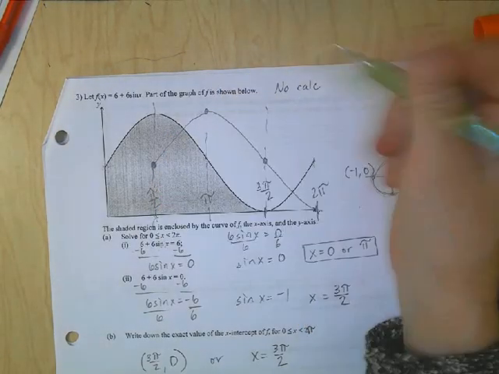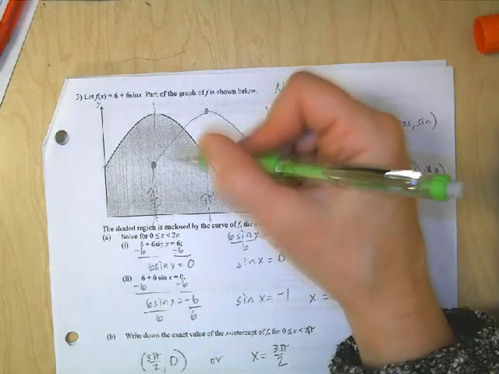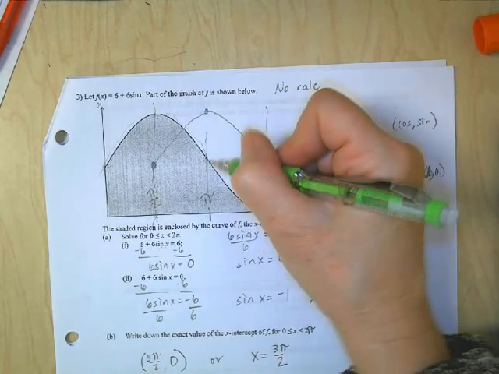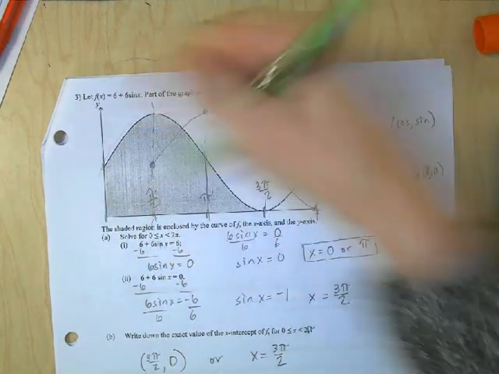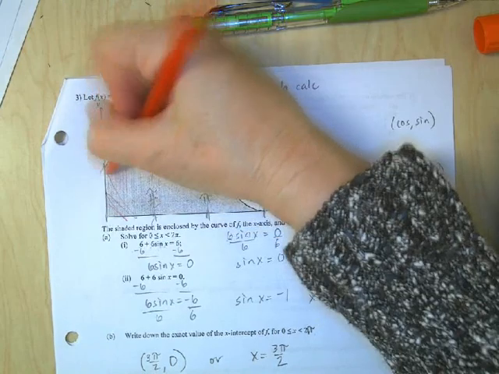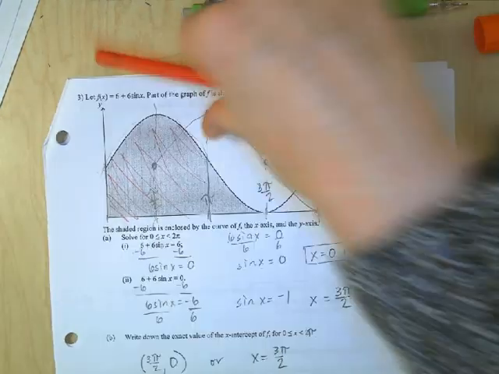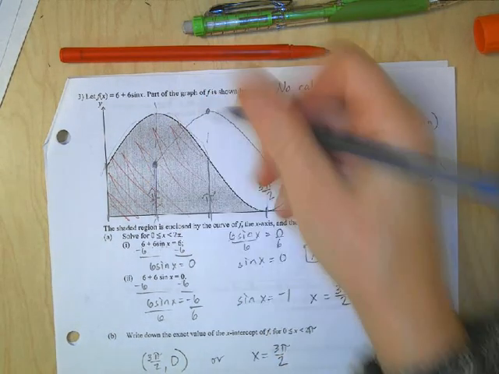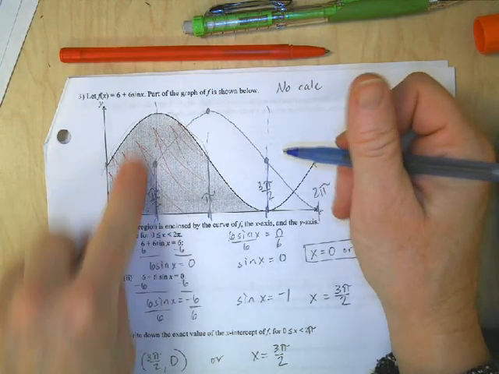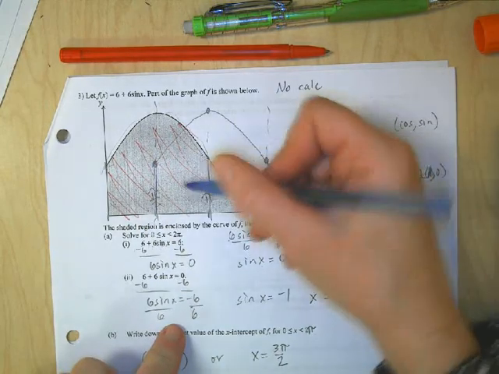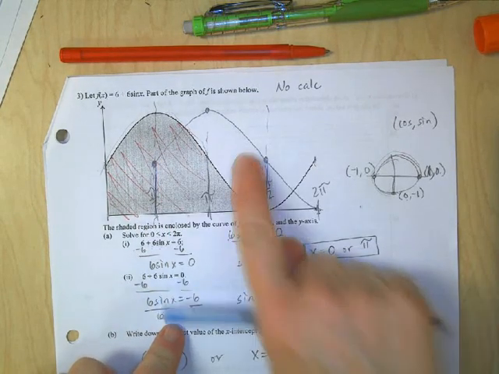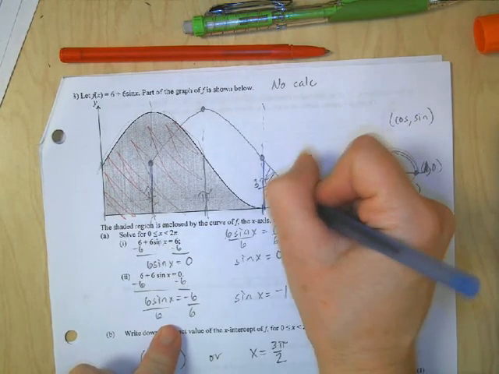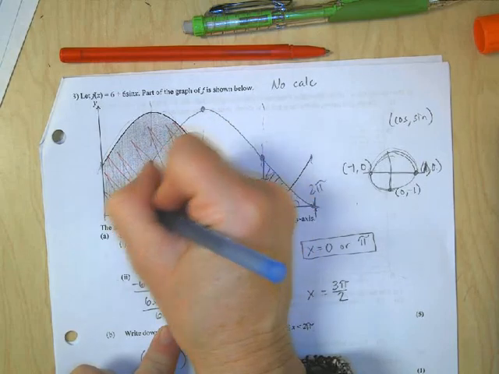So if I look at this area from here to here, this area is the same as the area from here to here. Okay, so that red area that I just scribbled in is the same as from here to here. And then this little piece over here, I can flip it back over here. See this little guy? That is the same as this over here.